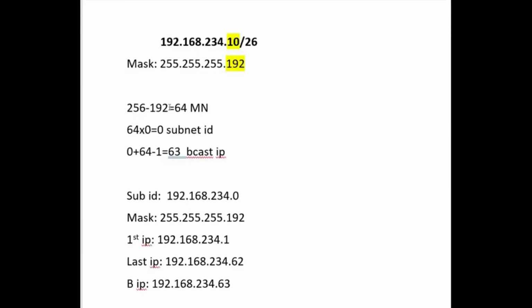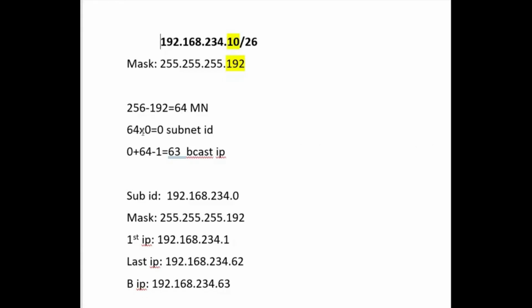Now 256 minus 192, we get 64. 64 we need to compare with 10. So if we multiply with 0, we see the result is 0. So 0 is less than 10. But if we multiply with 1, we get 64, which is more than 10.